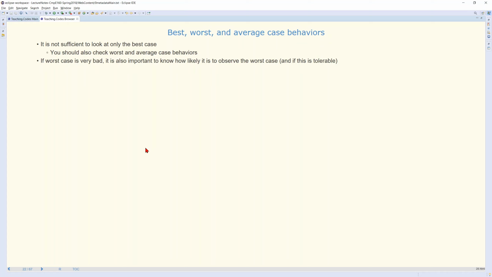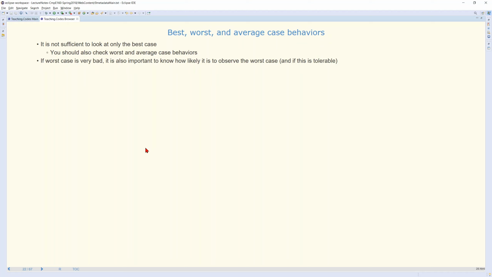Now, in some cases, you cannot even tolerate the worst case behavior, even if it happens one in, say, a billion occurrences. Like, if you're flying a plane, you cannot say the plane crashes one in every million miles, because that still means once in a while your planes will crash.